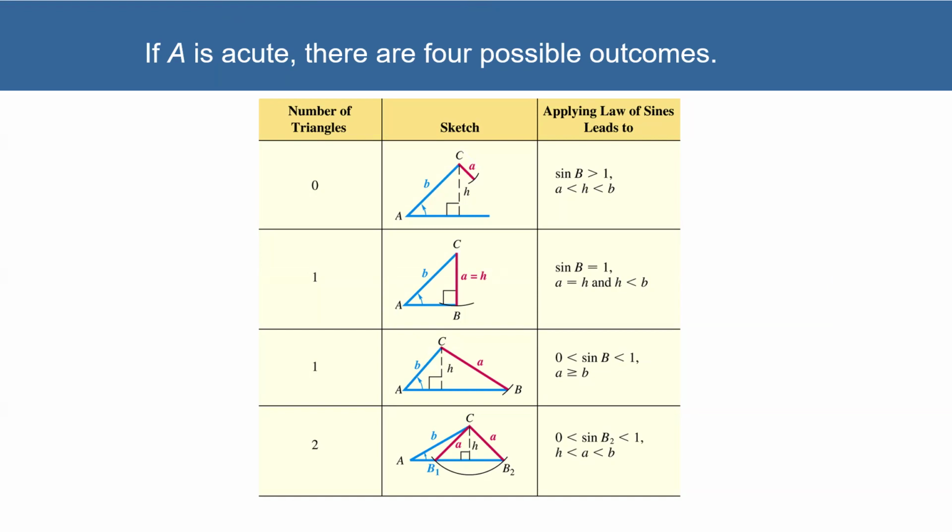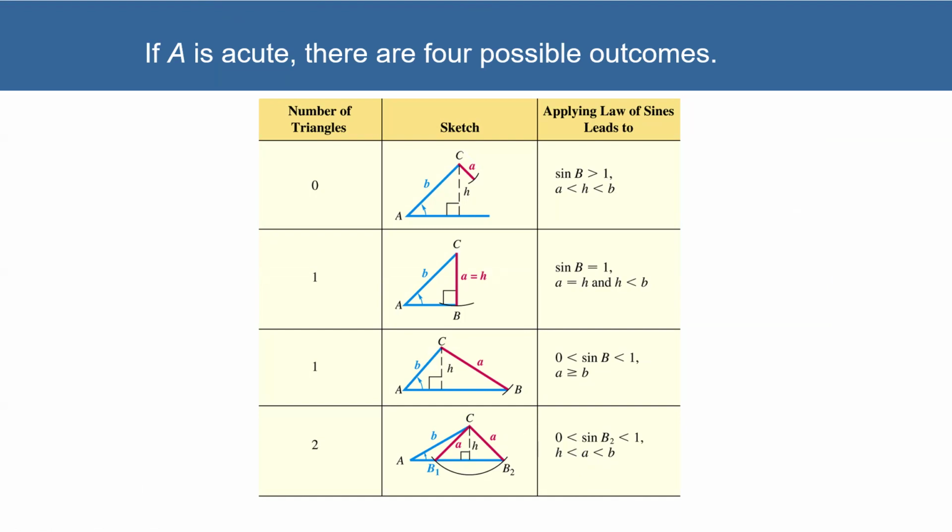And if the sine of B is between 0 and 1, then we produce a triangle that exists. And then if B is between 0 and 1, but A is greater than your height but less than your B, then you actually have 2 triangles that you're analyzing.